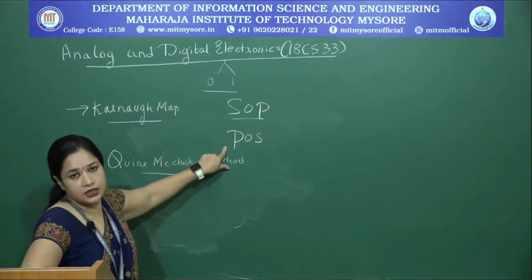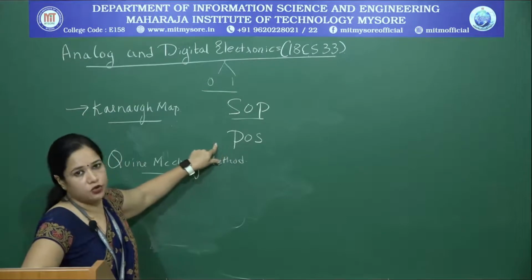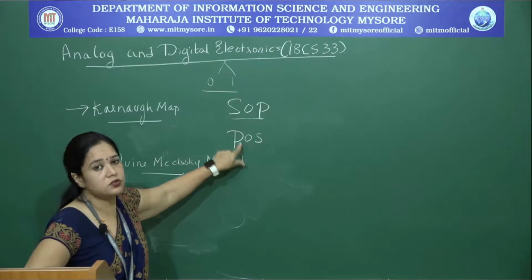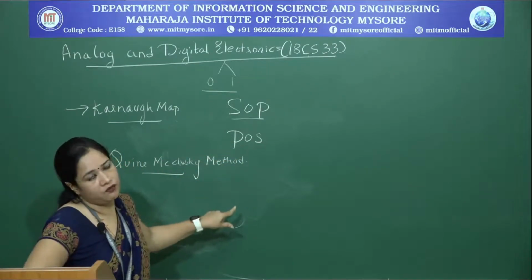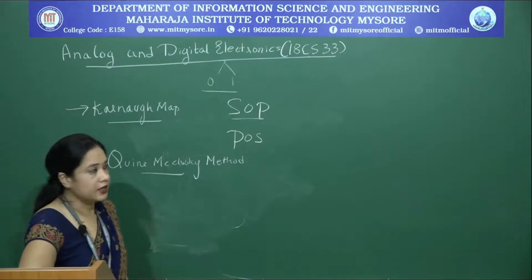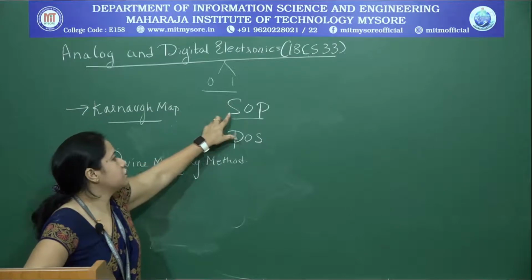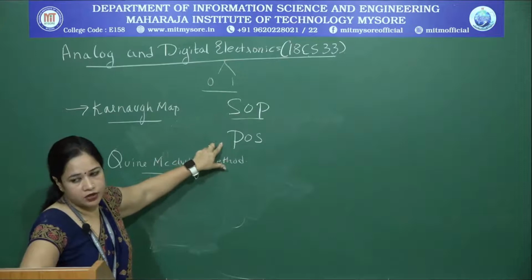POS is a product of sums, wherein many sum terms are ANDed together. This is again represented using two-level logic circuits, wherein you have a series of OR gates whose output is fed into an AND gate. So we have two ways of representing a given Boolean expression: SOP and POS, sum of products and product of sums.